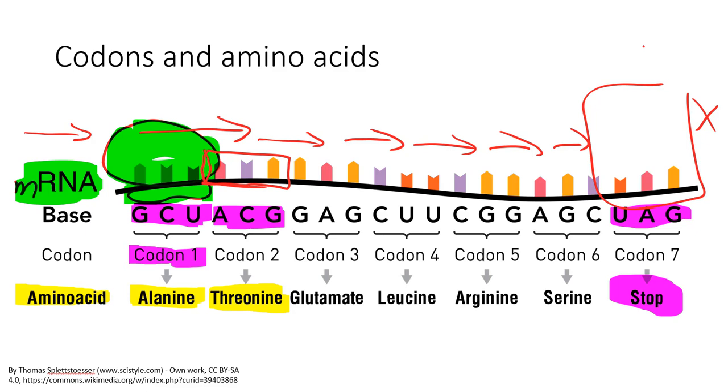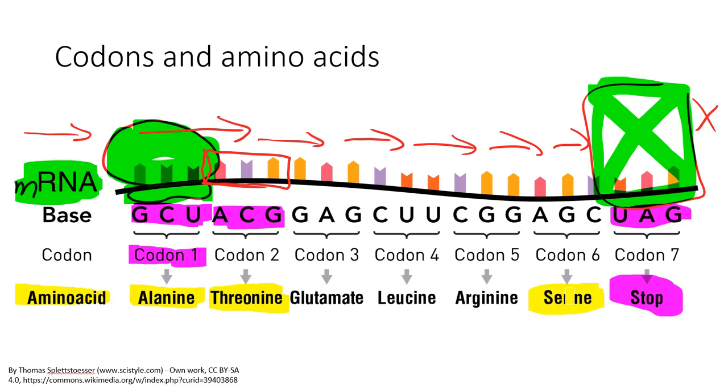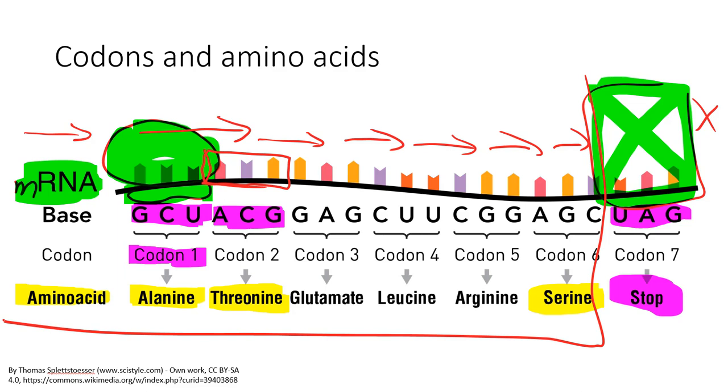We have a small one here, but at a certain very specific spot, the ribosome will stop at this codon right here, and that will be the last stop. The last amino acid to be added will be serine right here, and then no more amino acids are going to be added after, and this will be our polypeptide here.